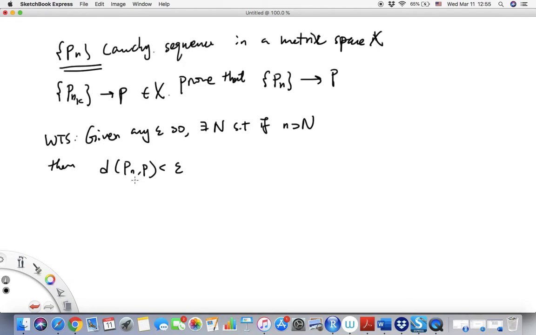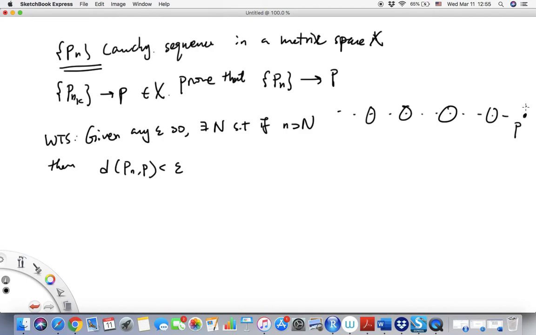We know the subsequence goes to P, and Pn is a Cauchy sequence. So here's the idea. Say this is your subsequence, and it's going to be very close to P eventually.